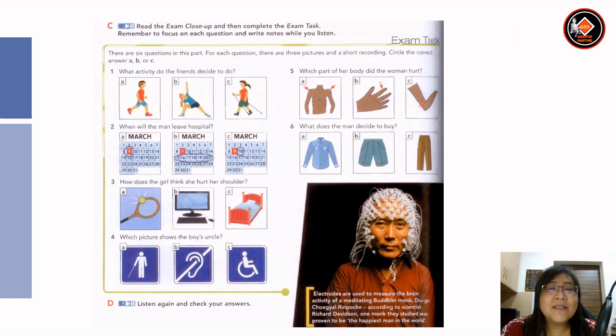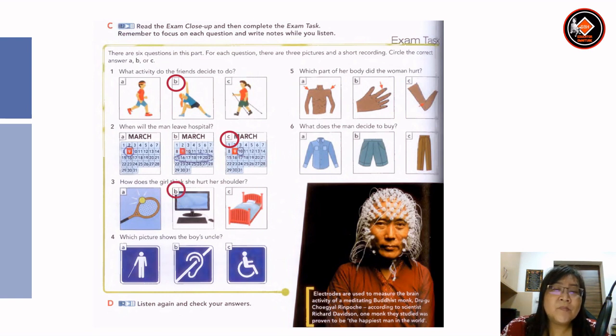Dear students, let's go through the answers. Number 1, what activity do the friends decide to do? Answer is B. Question 2, when will the man leave hospital? Answer is C. Number 3, how does the girl think she hurt her shoulder?